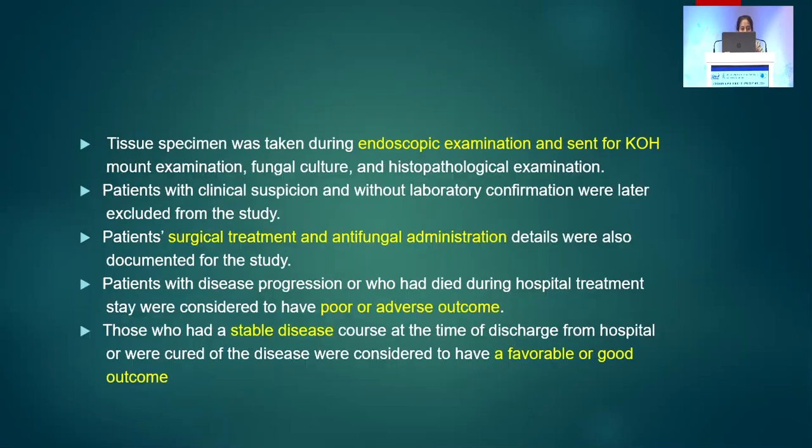A tissue specimen was taken during endoscopic examination and sent for KOH mount. Patients with clinical suspicion but without laboratory confirmation were excluded. Patients underwent surgical treatment and antifungal administration after admission. Patients with disease progression who died during hospital treatment were considered a poor outcome, and patients who were stable throughout the treatment were labeled as a favorable or good outcome.